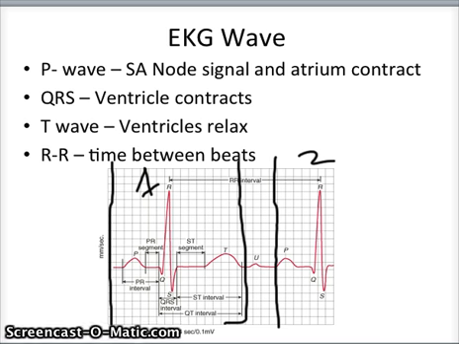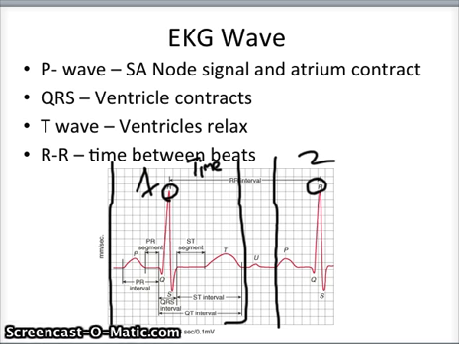So to figure out the pulse, you can figure out the pulse from this, is we can look at this R to R interval. You don't have to worry about what the R to R means, but look at the time. This is when the ventricles contract, and then the ventricles contract again. So if we find the time here between these two, then we know how fast your heart is beating. All right.